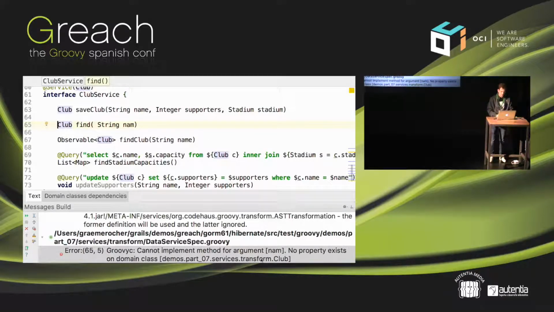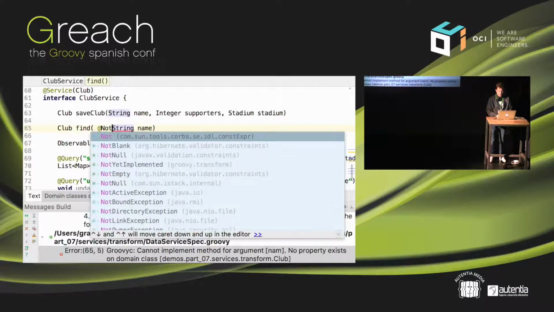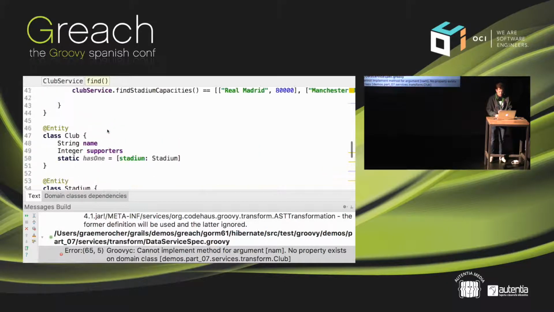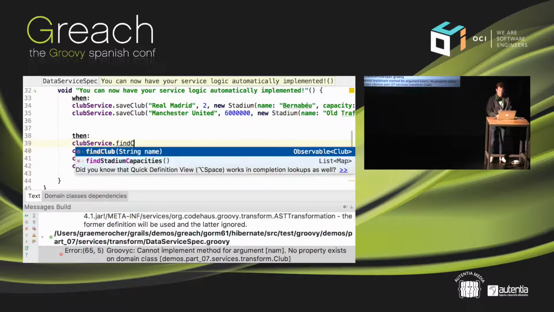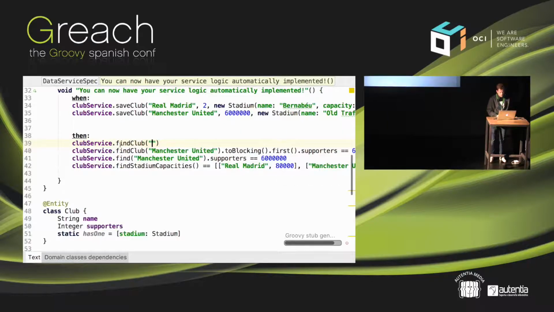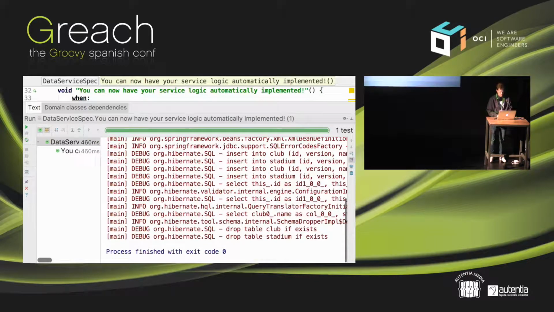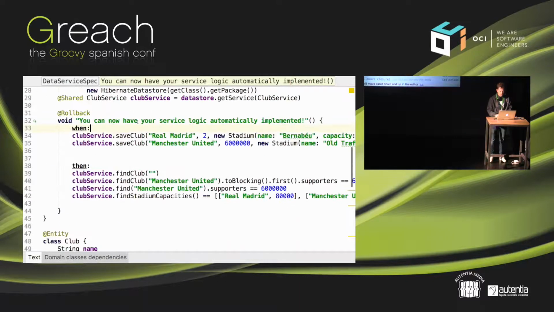And it's got some really nice features. For example, we have integration with the Bean Validation API, so you can say @NotBlank. I can add an annotation on that. And then if I try and say clubService.find, and I pass in a blank string here, and I run that, I'm going to get a... sorry, I called the wrong method.